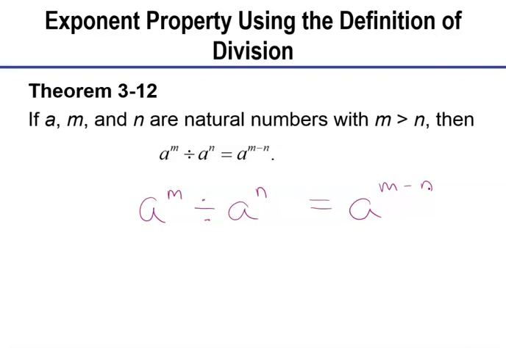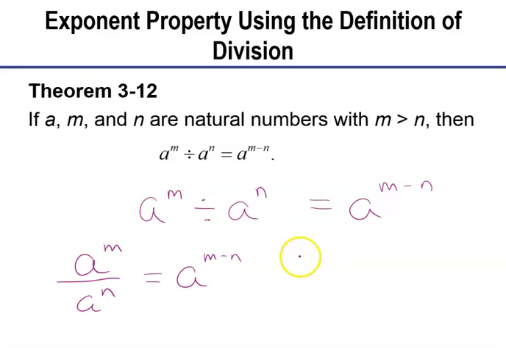Now, I think an easier way to look at this, and this is very algebraic, but we know that the fraction bar can replace the division bar, correct? Now, we saw, again, in the previous section, that's m minus n. But let me show you an example so you can see this live.